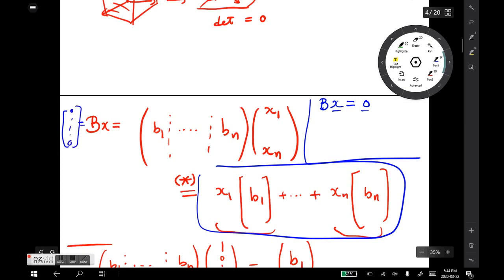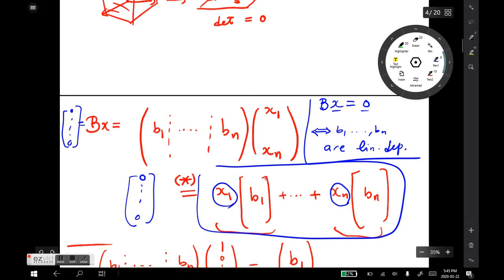And this means that, of course, B1 to Bn, which are the columns of B, are linearly dependent, because we found non-zero coefficients which make the linear combination of B1 to Bn equal to the 0 vector.